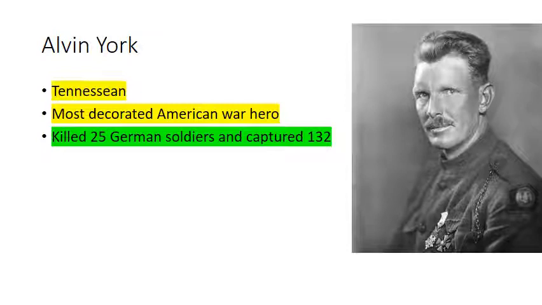He was thinking about being a conscientious objector to the war. Ultimately, he decides to fulfill his draft orders, and he goes to war. And while fighting on the Western Front, he kills 25 German soldiers, captures over 132 other German soldiers. He'll return a war hero.